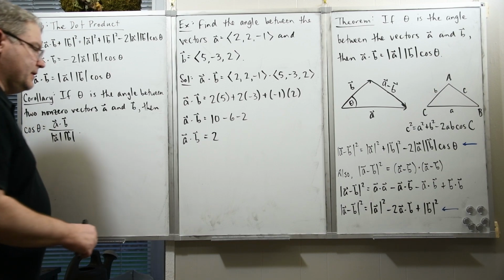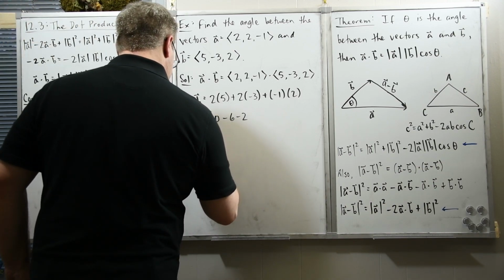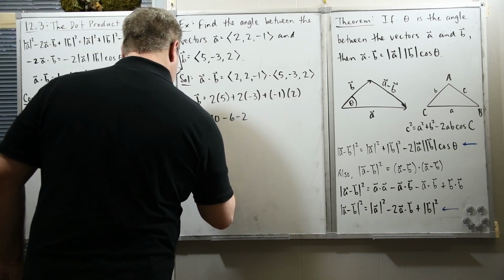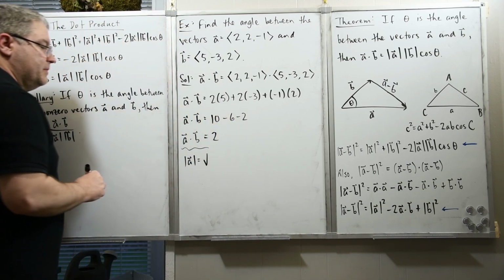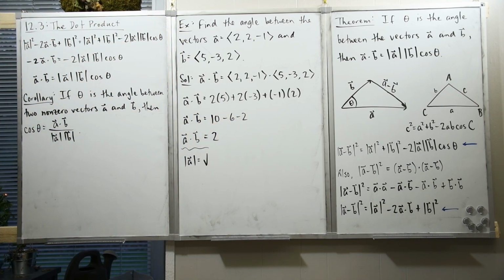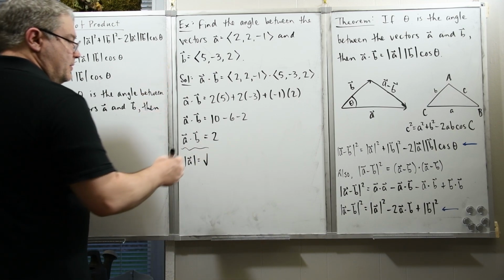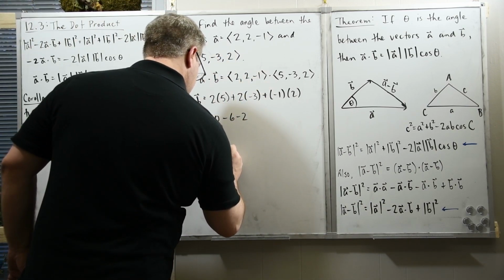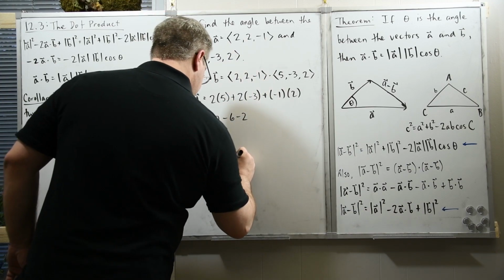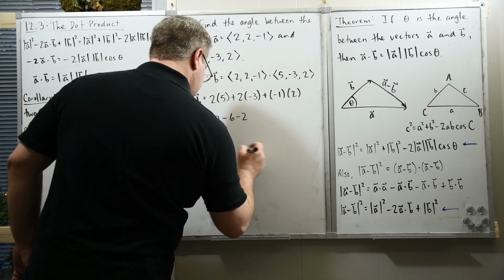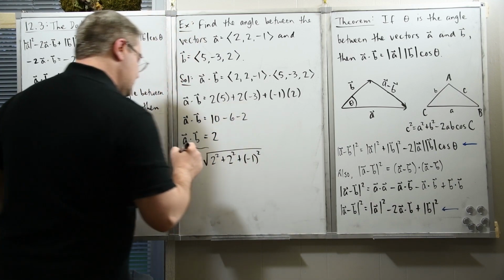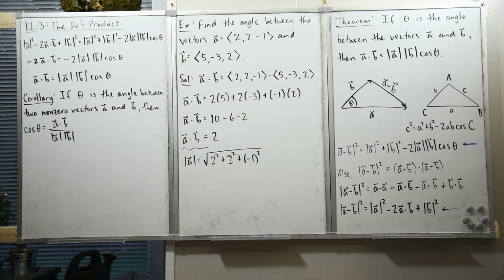Now we'll also need to figure out magnitude of a. Now remember, the magnitude of the vector is the square root of the sum of the squares of its components. So magnitude of a will have 2 squared plus 2 squared plus the square of negative 1 all underneath the radical.